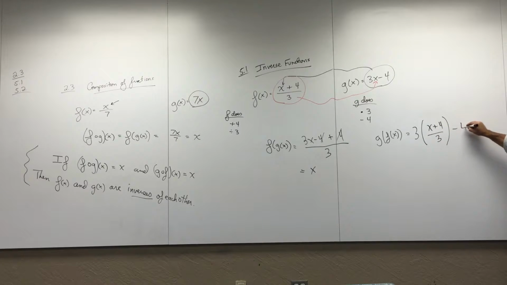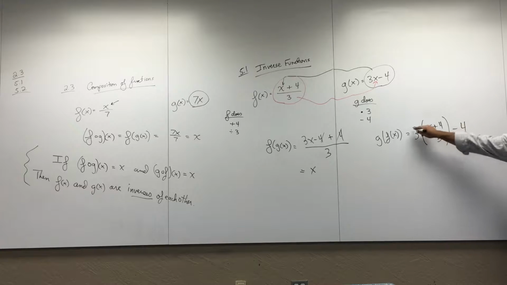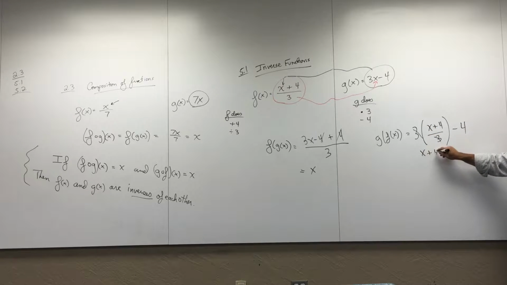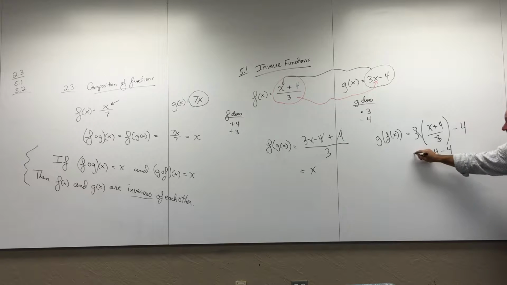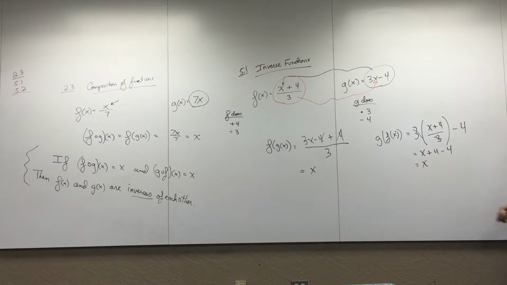And then I'm going to subtract 4. Once you fill it in and do it, you can see it. You cancel these 3's, and then you have x plus 4 minus 4. So what is that? That's x. So we just proved it in a way.